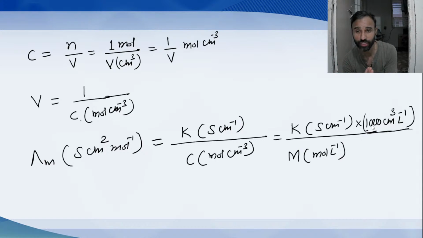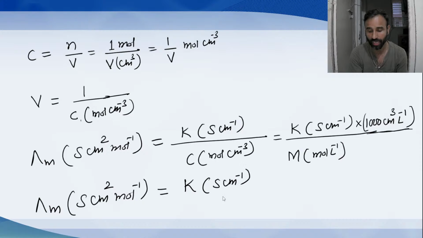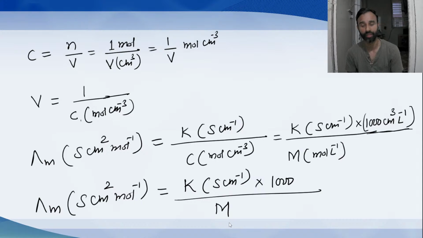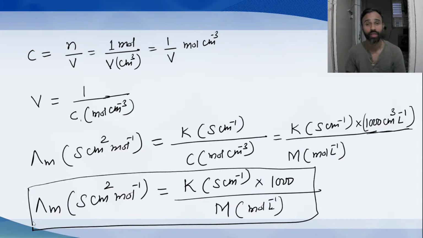See the relation. How do we go from lambda m equals kappa into V to this formula? Molar conductivity in S centimeter square per mole is equal to kappa in S per centimeter into 1000 over molarity. Means if molarity is given to us in mole per liter, we should multiply by 1000. So this is the relation for molarity. This relation we will use in the coming questions.